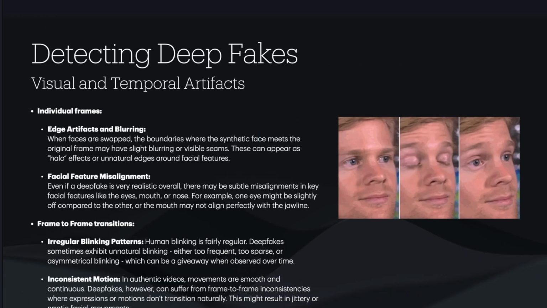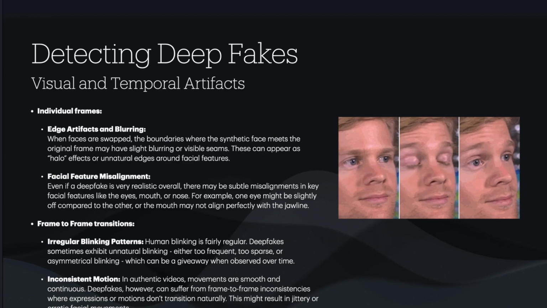So how can deepfakes be detected? From a visual and temporal artifacts point of view, there are two broad categories. One is the individual frame, and the other one is the frame to frame transition. In the individual frame category, where the fake face meets the original frame, you will see some blurriness, or something like a halo effect around the face.